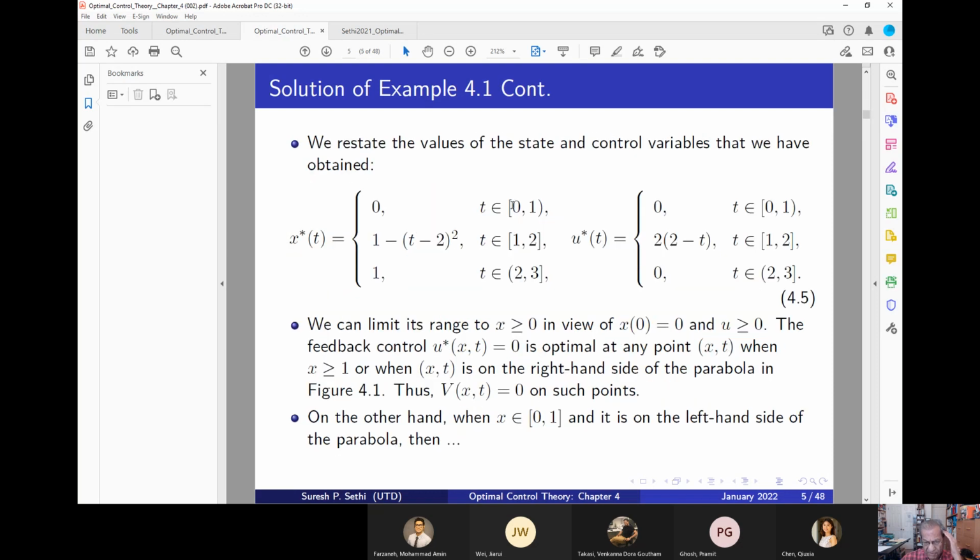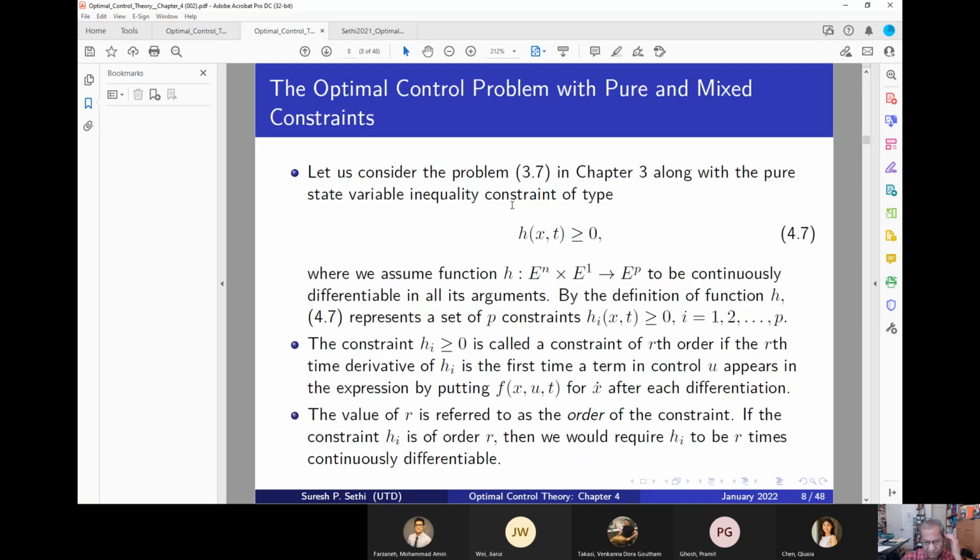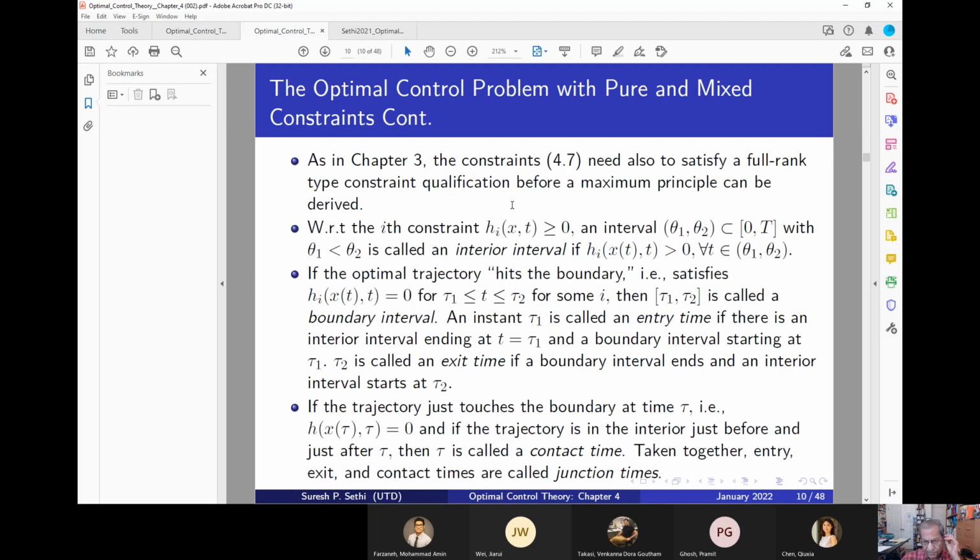Okay, so let us see the terminology here. If the optimal trajectory hits the boundary, that means it satisfies this at tau 1 to tau 2 for some i, then tau 1, tau 2 is called a boundary interval.